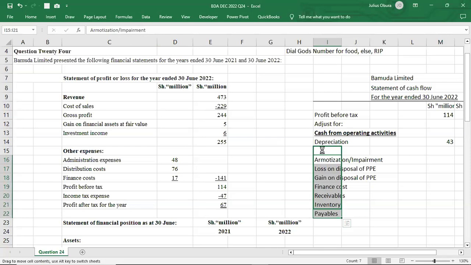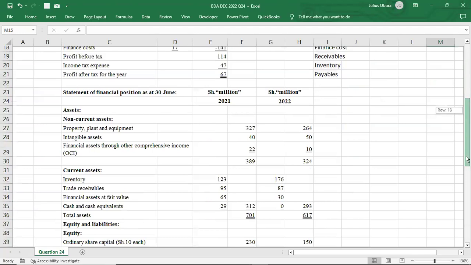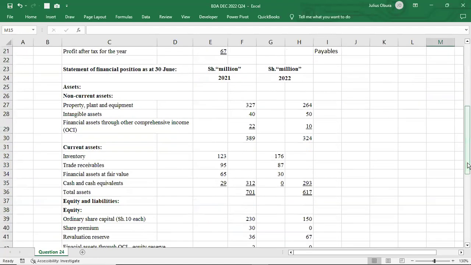So I'm going to put the two together. And for our amortization or impairment, we will look at our intangible assets in the statement of financial position, and our intangible assets for property, plant, and equipment.